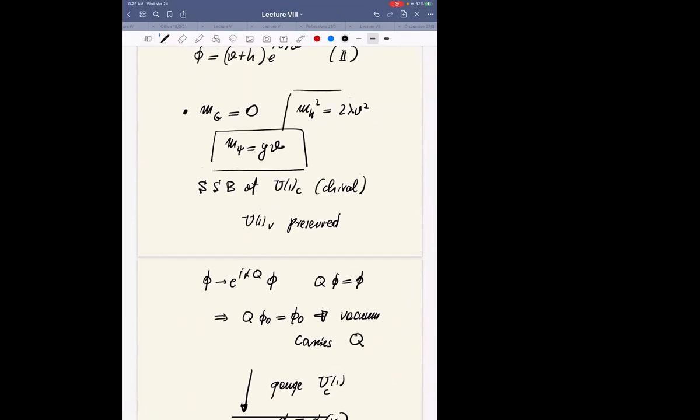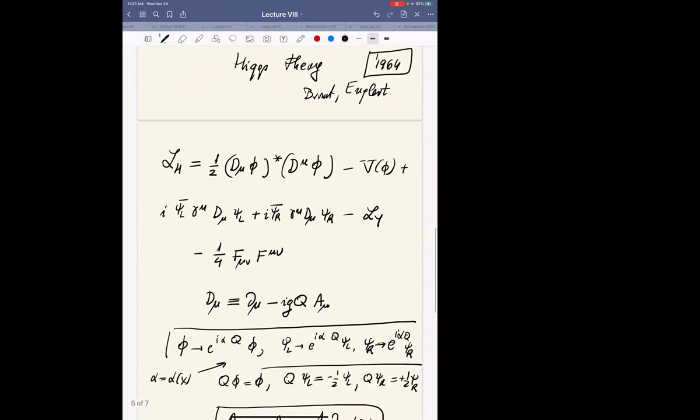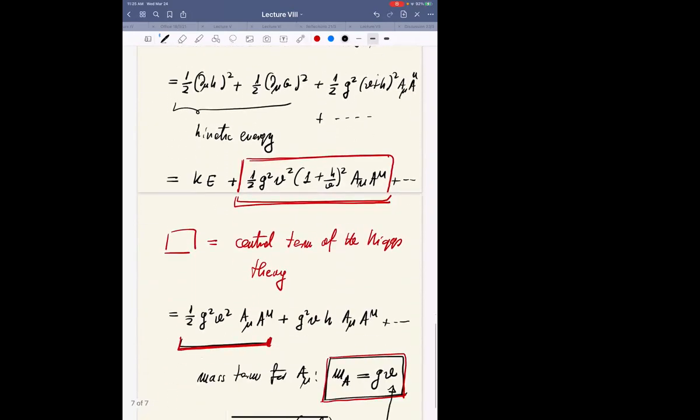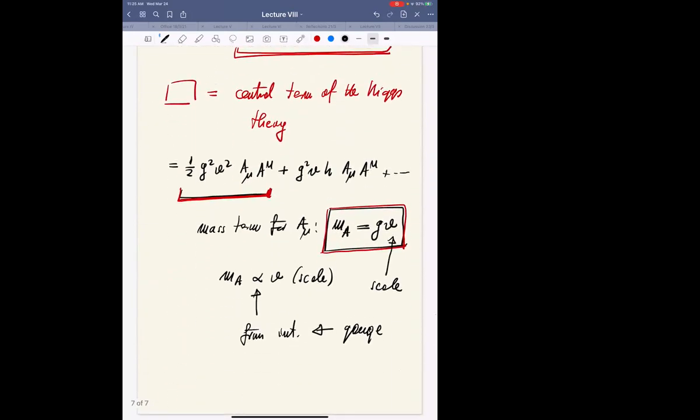For the Higgs scalar, the interaction is the quartic one. It's the self-interaction, the lambda. So we have obviously a theorem. In the Higgs mechanism, everybody gets the mass from the vacuum expectation value of the Higgs field, and your mass will be given by the way you interact with the Higgs.